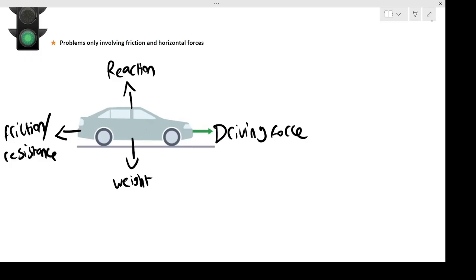But of course we need to be more mathematical, and so there's a bunch of formulas we need to know.